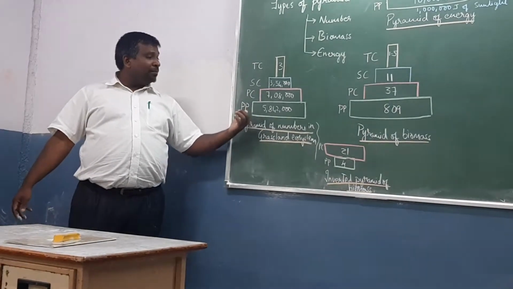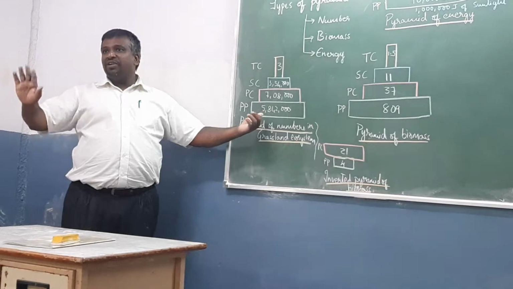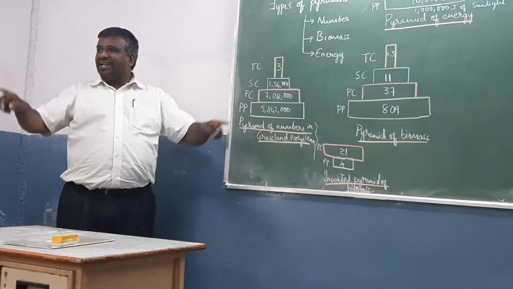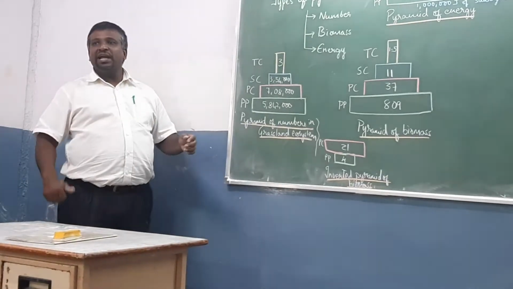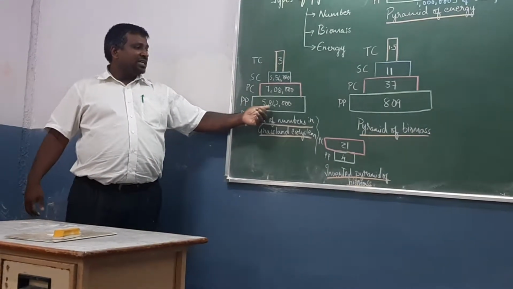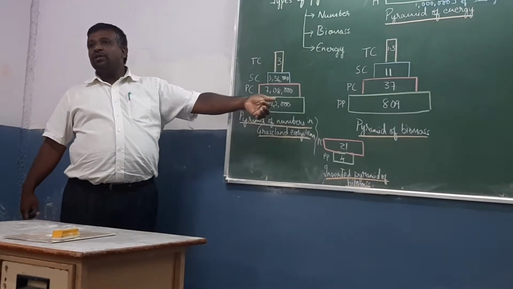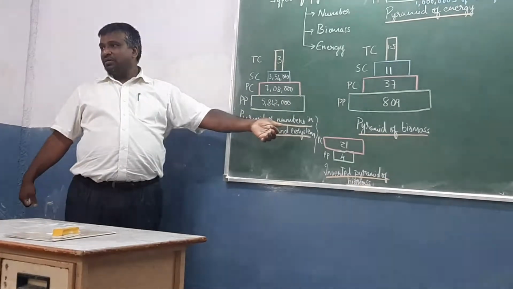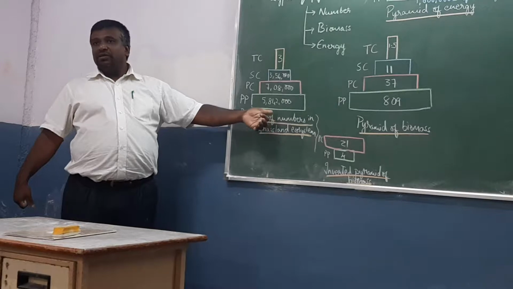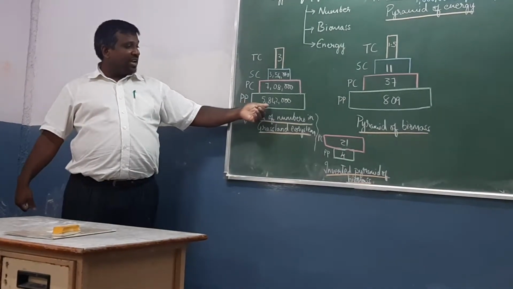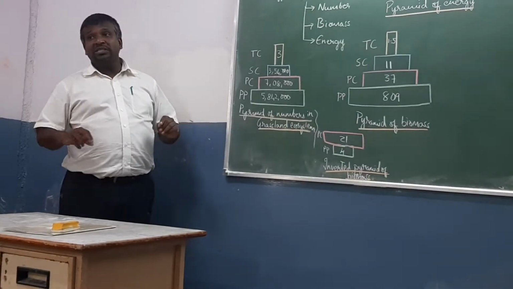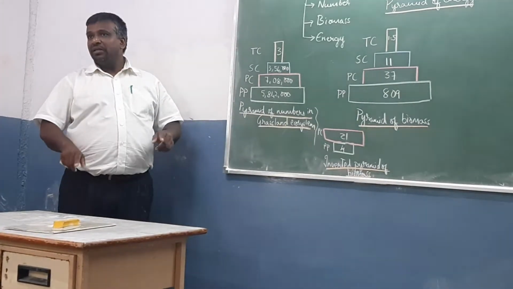The number is a rough number, no one has counted it. They made a survey in a particular area and gave the numbers. You can take it as 58 lakh 42,000 primary producers found in a given area.